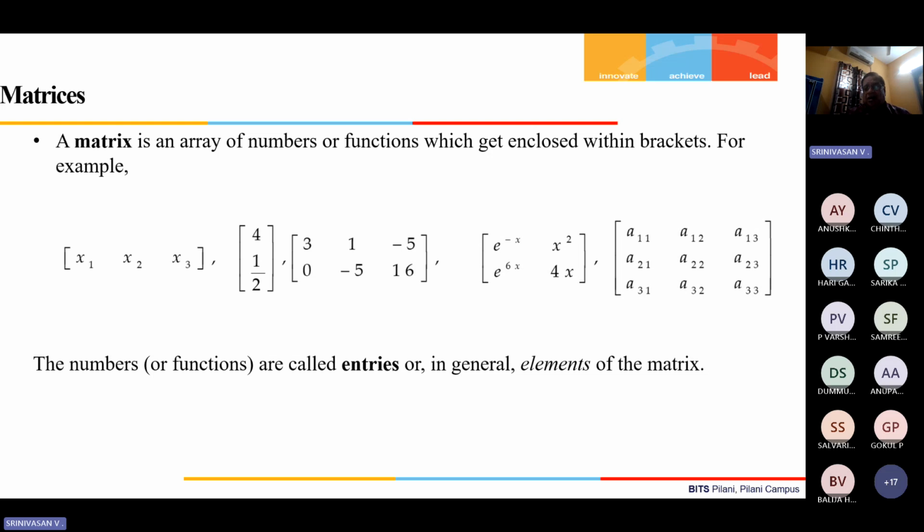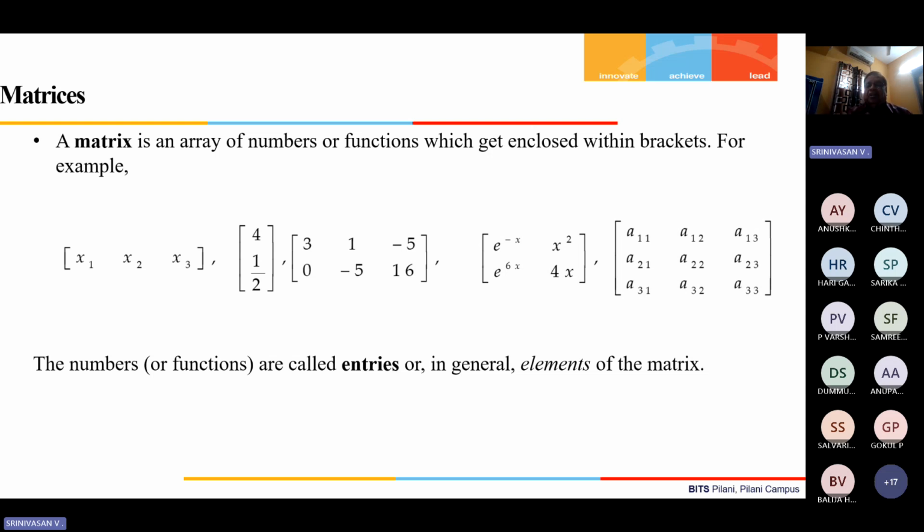I stands for the position of the row, j for column. So aij, i equal to 1, 2, 3 means first row, second row, there are three rows. j equal to 1, 2, 3 means three columns.